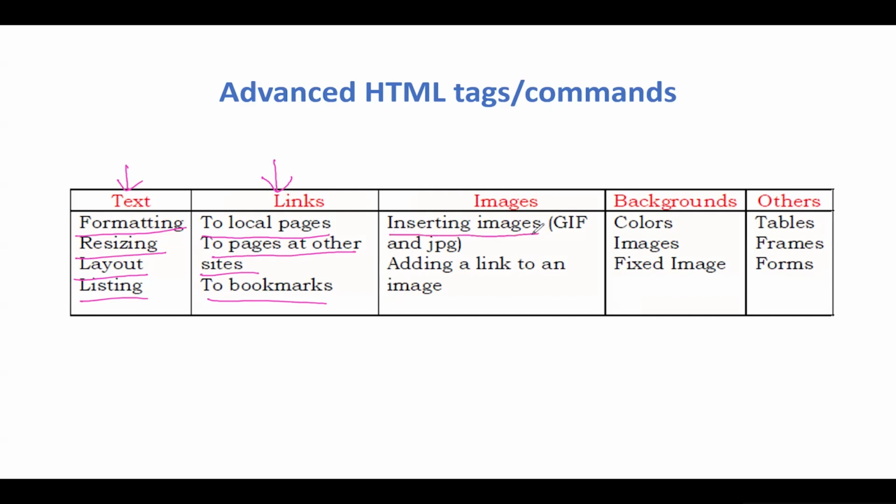Images: you can insert an image, which can be a GIF file or a JPEG file. Adding a link to an image can also be done with the help of these tags. What about backgrounds? Yes, you can change the colors of the background. You can put an image as a background, and you can use fixed images as a background.